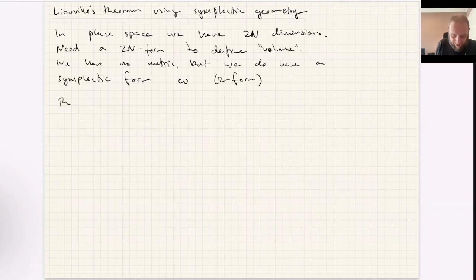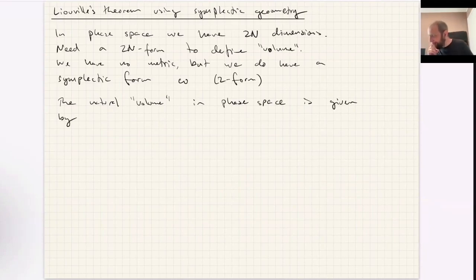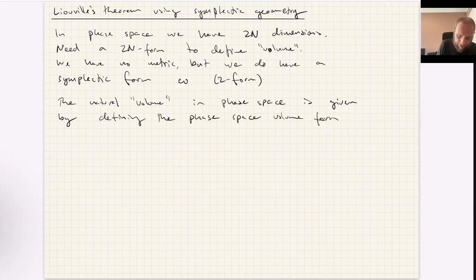The natural volume in phase space is given by defining the phase space volume form, which I called eta, equal to omega to the power of n.